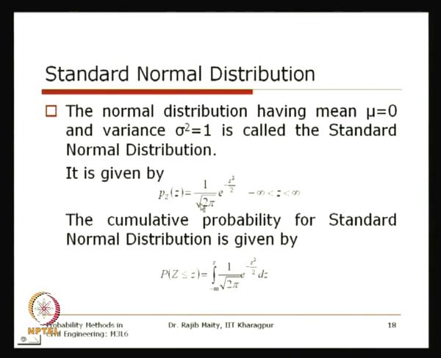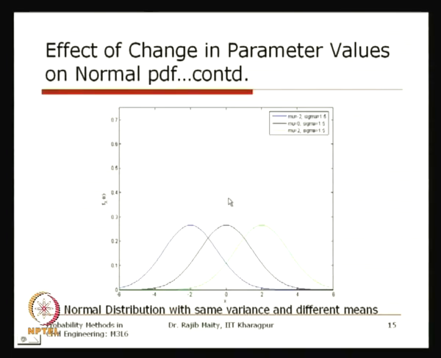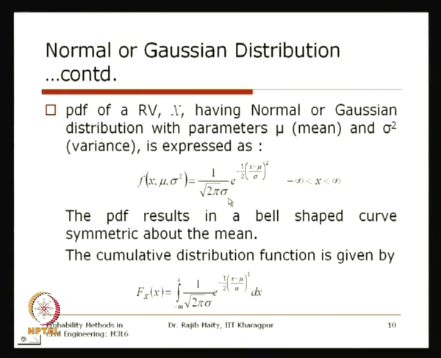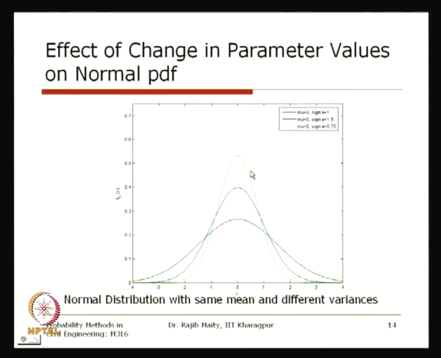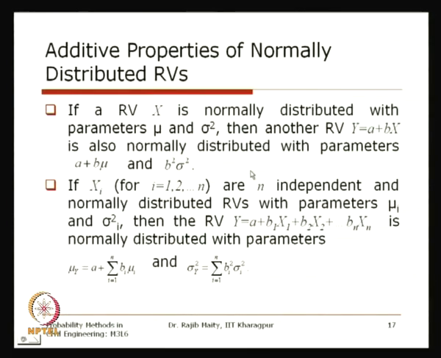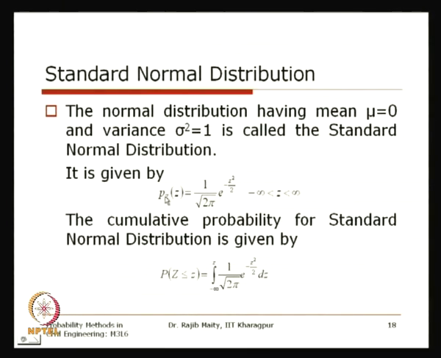So in the original distributional form that we have shown earlier, if we just put mu equals 0 and sigma equals 1, the distribution form we get will be the standard normal distribution. Instead of using x there, we are using z as the dummy variable. So this is your standard normal distribution.